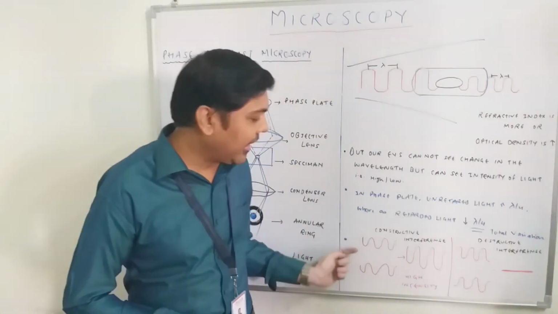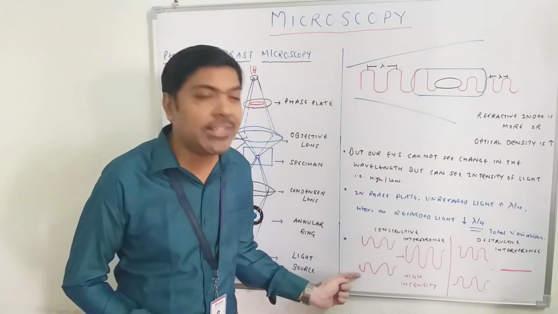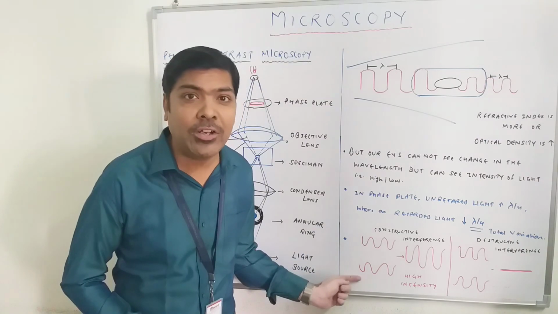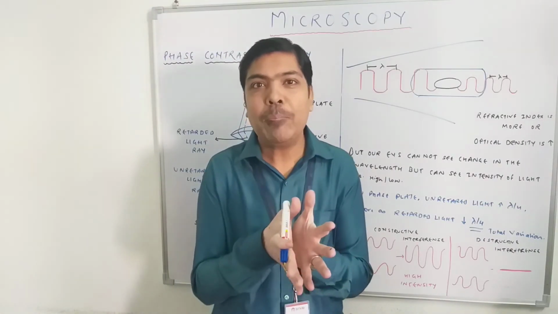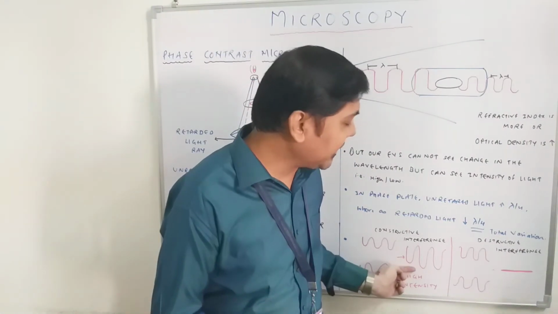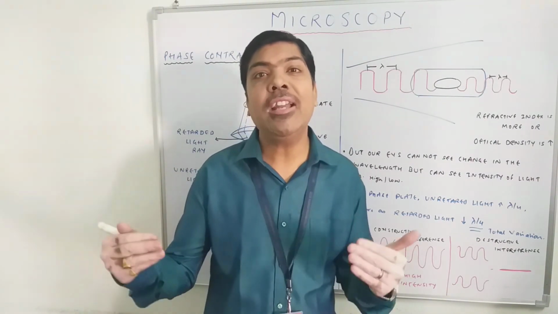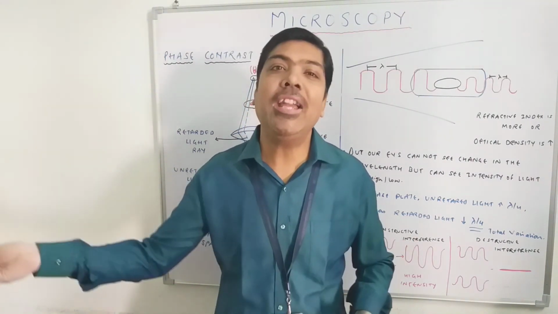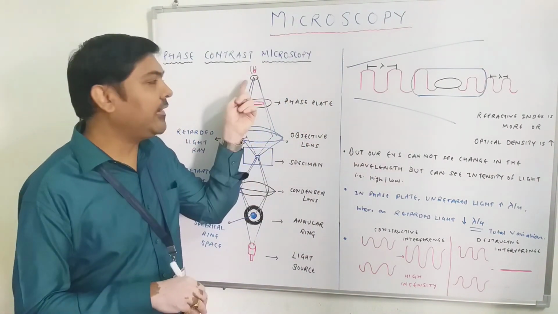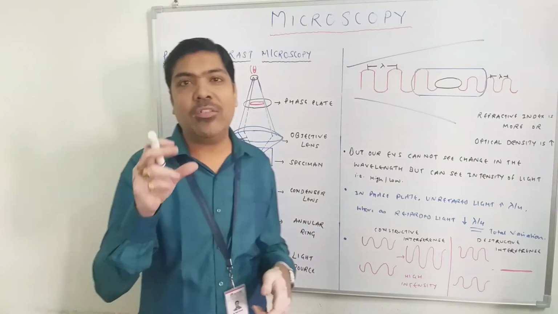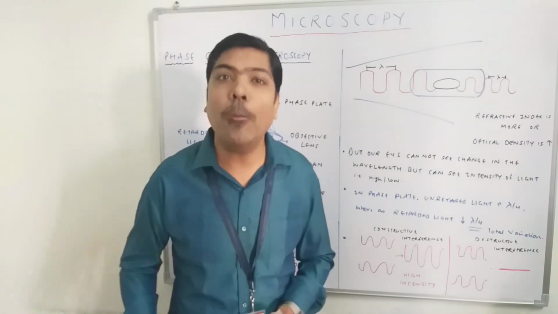As you can see, this is the first wavelength and this is the second wavelength. The phase plate will combine these two waves and produce a very high intensity light, which can be seen in the eyepiece or at the site where we are actually visualizing the object.